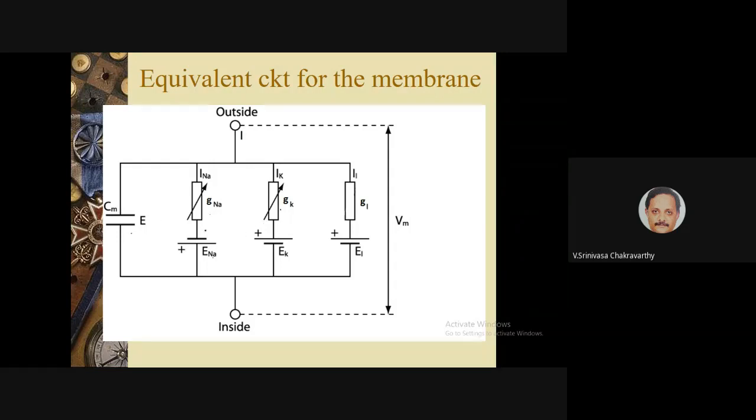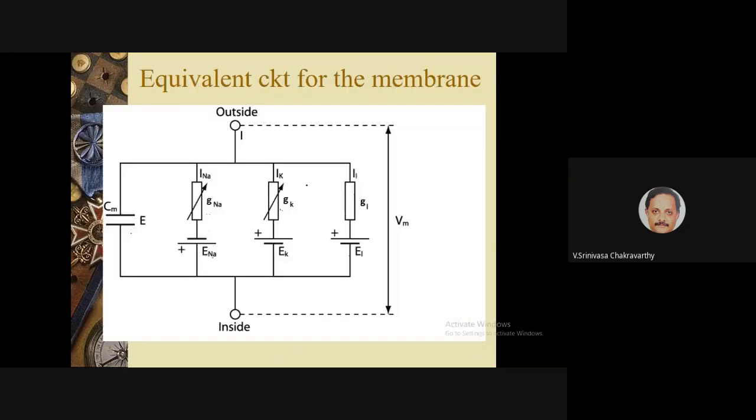There is the capacitance, the sodium channel branch consisting of a conductance and battery in series, the potassium channel branch consisting of a conductance and a battery, and then the leakage channels, a bunch of them put together and represented as another conductance and a battery in series. So all these 4 branches are in parallel, right? And this can be a pretty reasonable model of a neural membrane. This can be used to understand how action potentials can be generated, how a membrane potential can be generated, and so on. We'll be coming back to this in the next class in more detail.